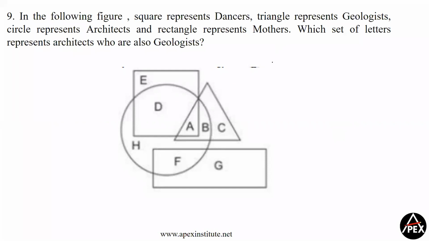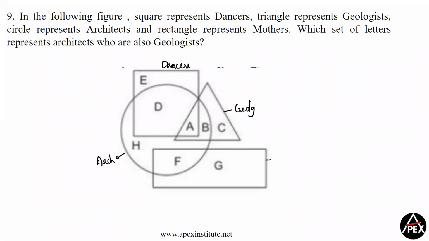Okay, so in which figure, which set of letters represents architects who are also geologists? So square represents dancers. Triangle represents geologists. Circle represents architects.